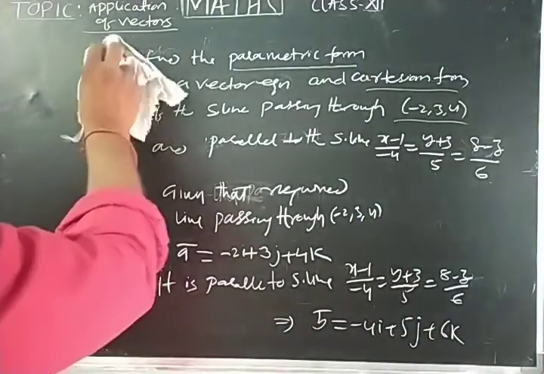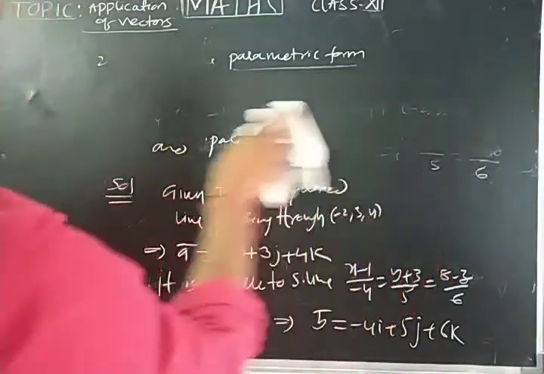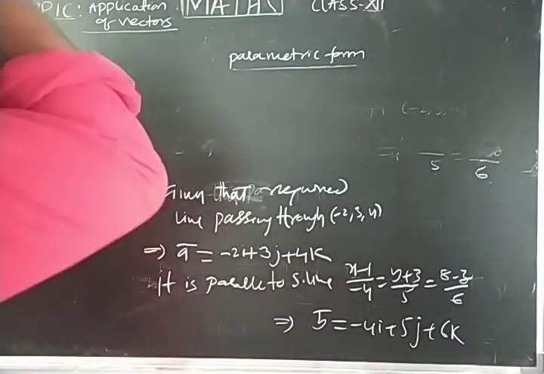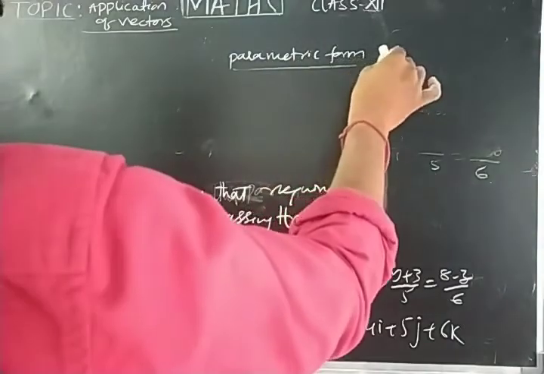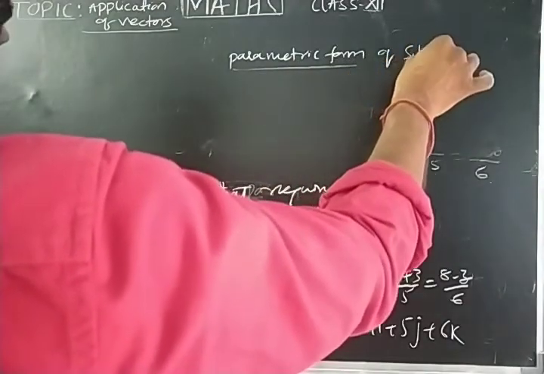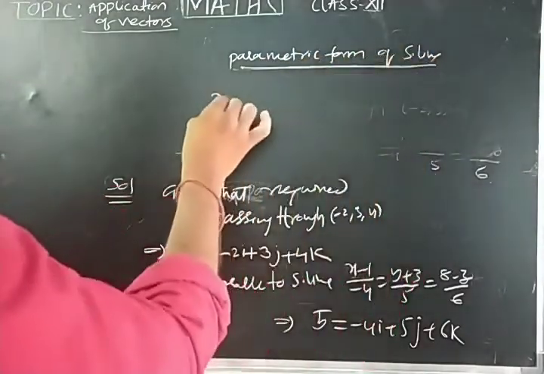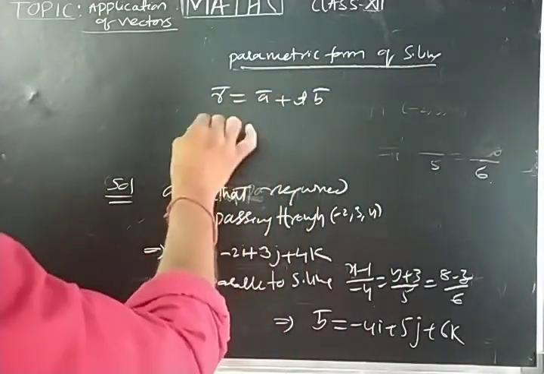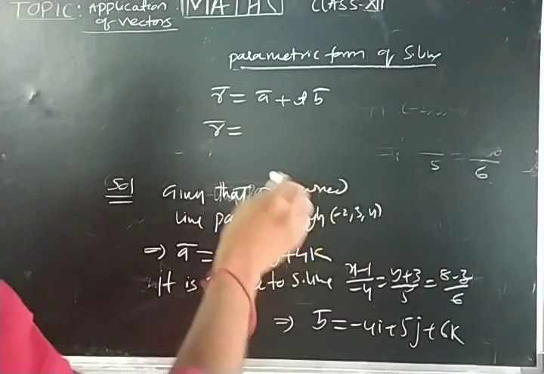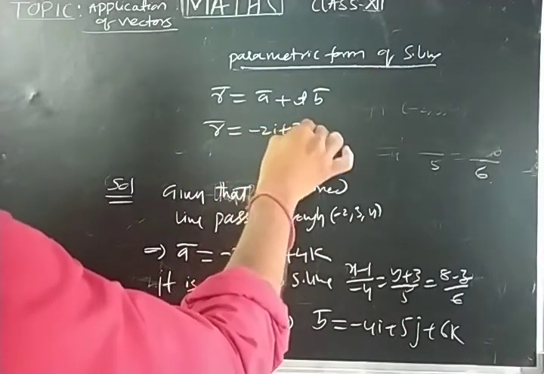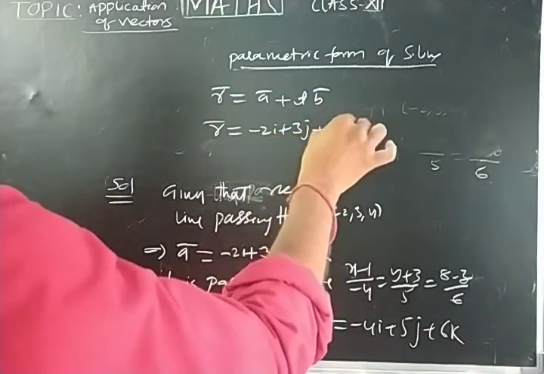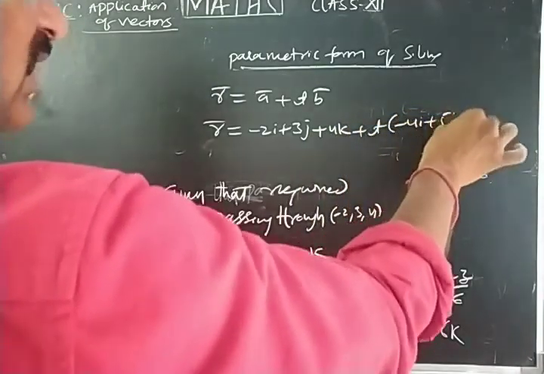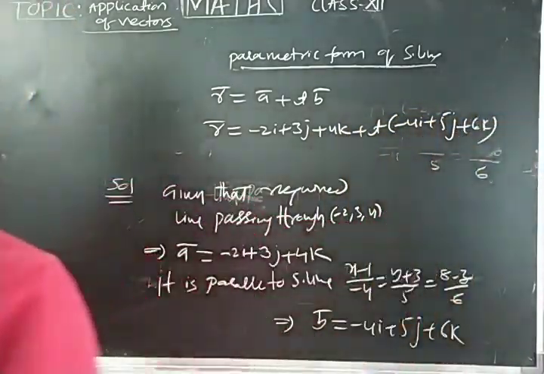Now parametric form of the straight line. What is parametric form? r bar equal to a bar plus t into b bar. r bar equal to a bar, minus 2i plus 3j plus 4k, plus t into b bar, minus 4i plus 5j plus 6k. This is the parametric form.